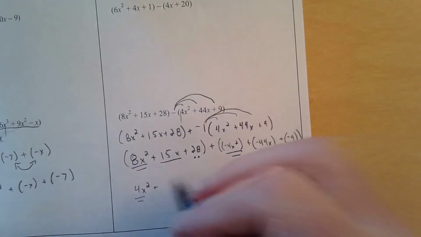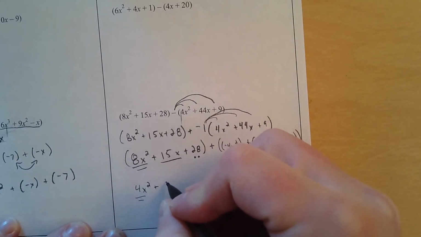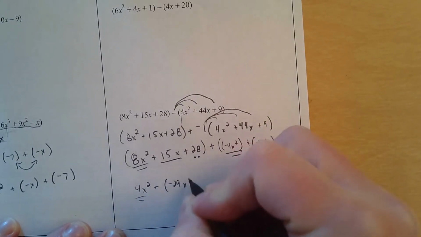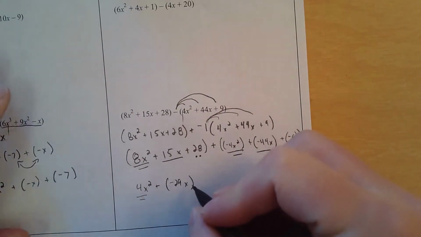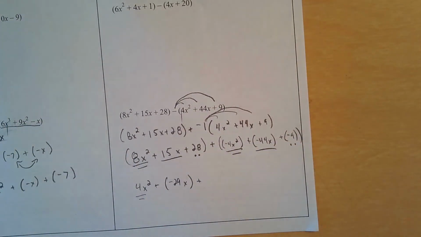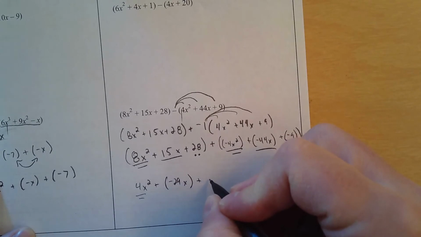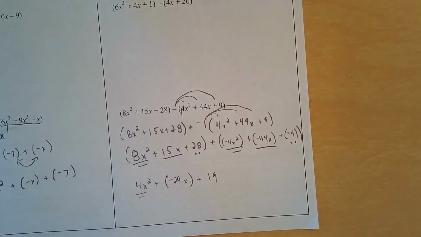So that's going to bring us to -29x. And then the last one, combine our constants, 28 and -9. Bring us to +19.